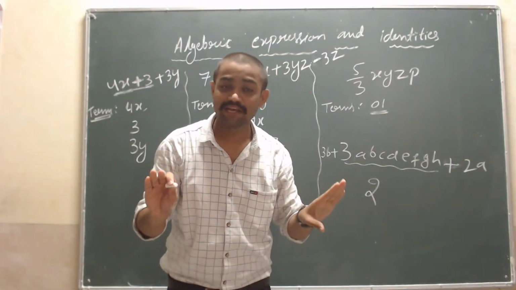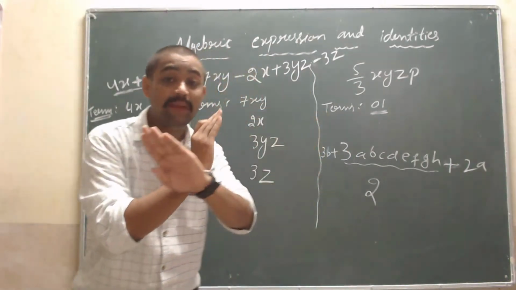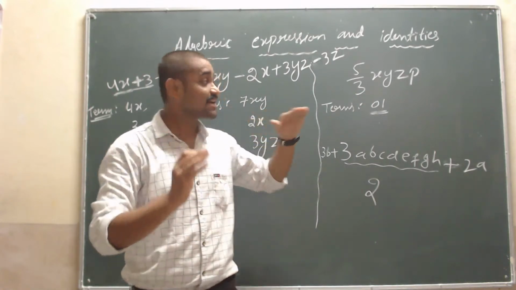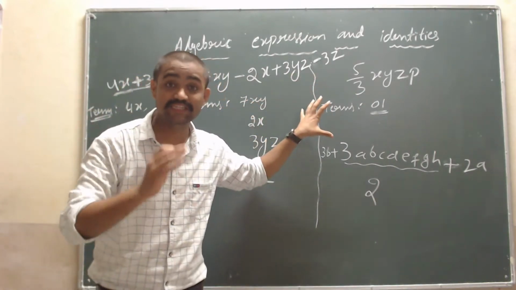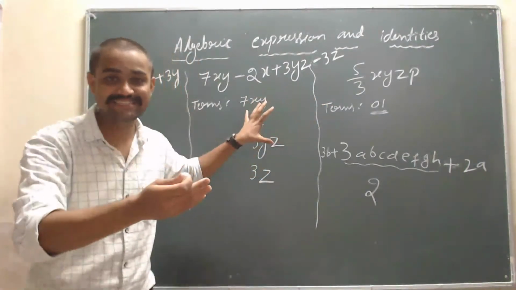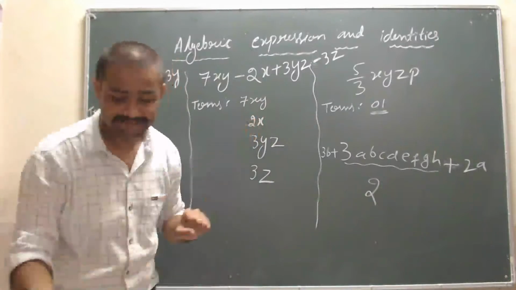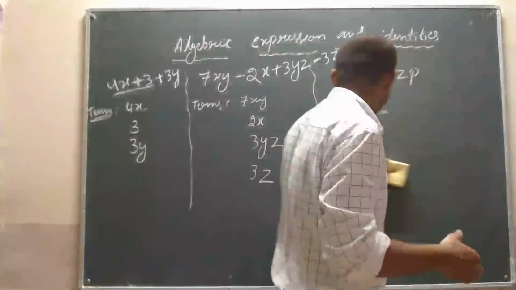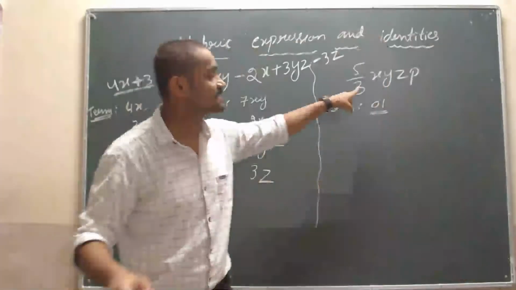Is it clear, students? Only if a plus or a minus operation comes between these algebraic expressions, then only the terms are increased. Then tell me how many operations are here?